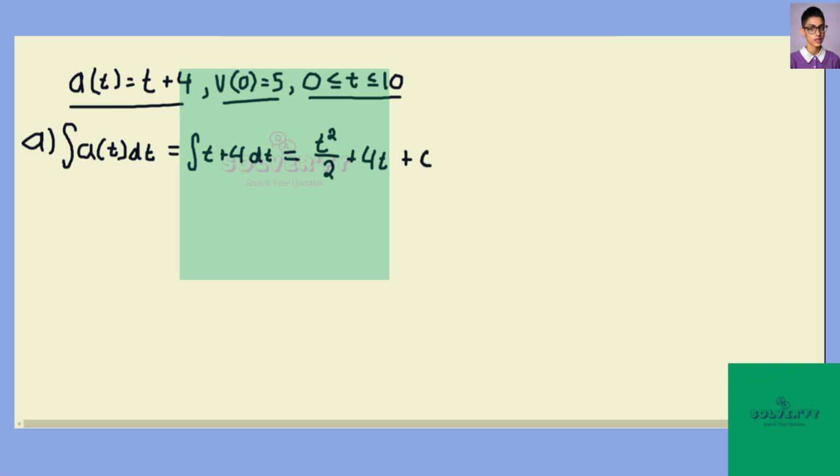So next, now that we know that the velocity is equal to 5 at time 0, we're going to plug in 0 everywhere where we see a t. So we have 0 squared over 2 plus 4 times 0 plus c at time 0.